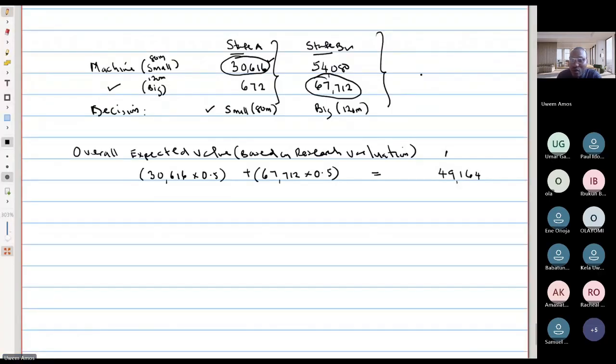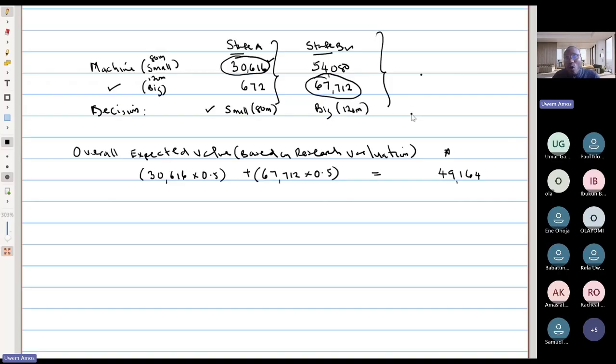Now, this 49,164 that we just calculated is the expected return on that project if the company has perfect information from the research. So how much can we pay?